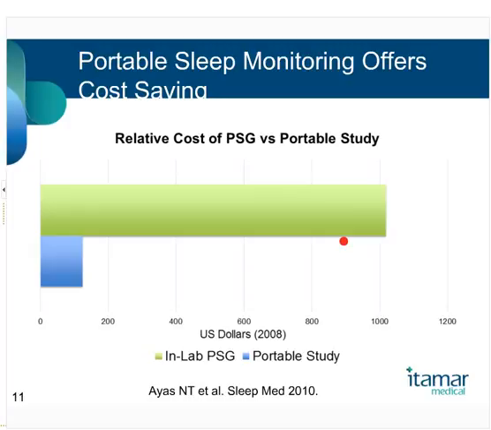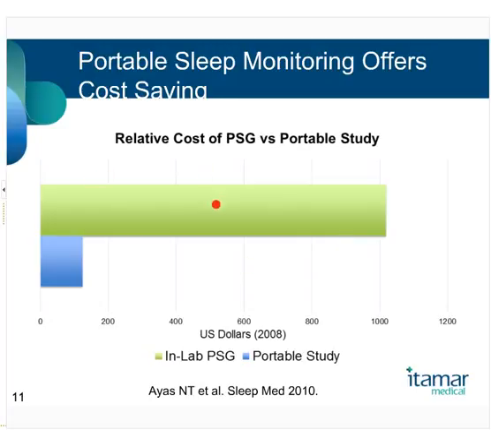Polysomnography is a relatively expensive test. It's a relatively burdensome test for patients. It's a burdensome test, in a sense, for the healthcare system. There are inequalities in distribution of polysomnography around the country, and it's just a more expensive test, as I said.